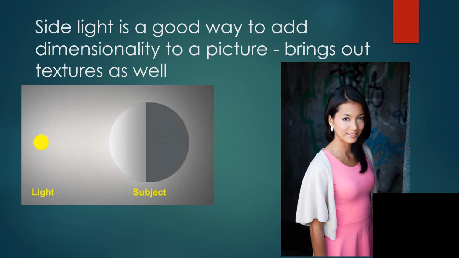So instead of the light falling fully on the face of the person, now the light is moved off of the shoulder and the light is coming in from the side. That creates a shadow on the nose. That makes for three-dimensionality.